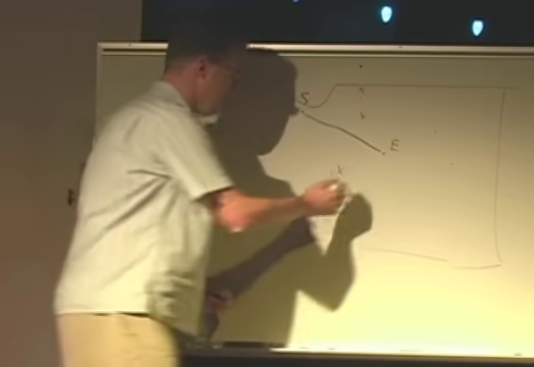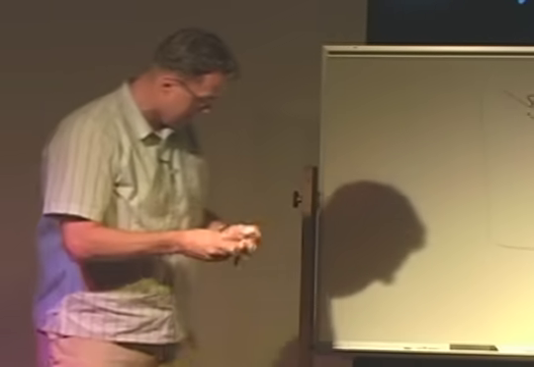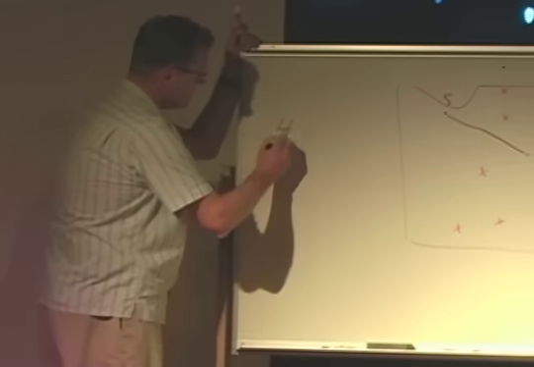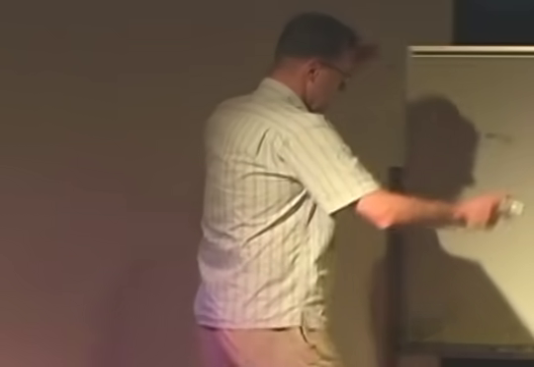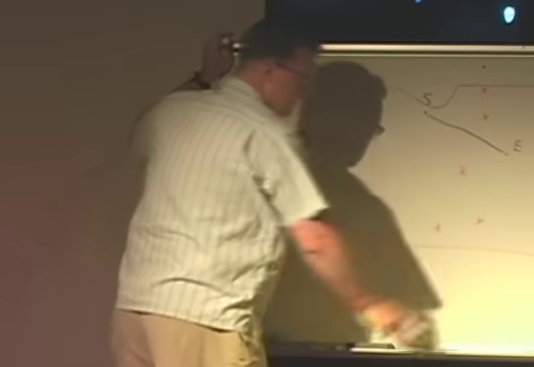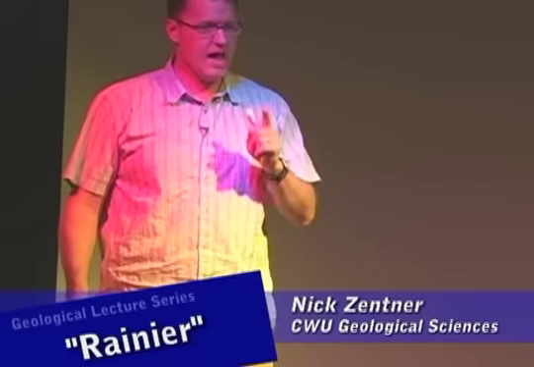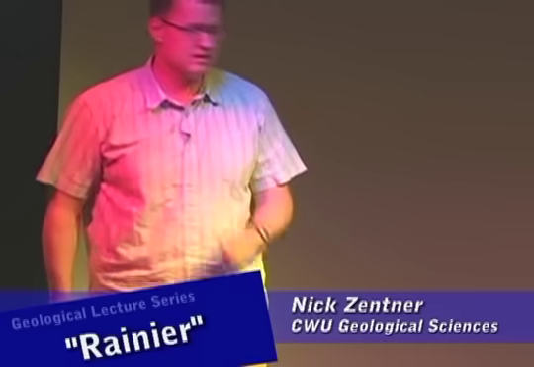Okay, so how long have we had the Cascades in general? The answer is 40 million years. How long have the Cascades been in Washington? 40 million years. Now, what I mean by Cascades is this corridor of active volcanism. But I'm not saying that Mount Rainier has been standing for 40 million years, or that Mount Adams has been standing for 40 million years.